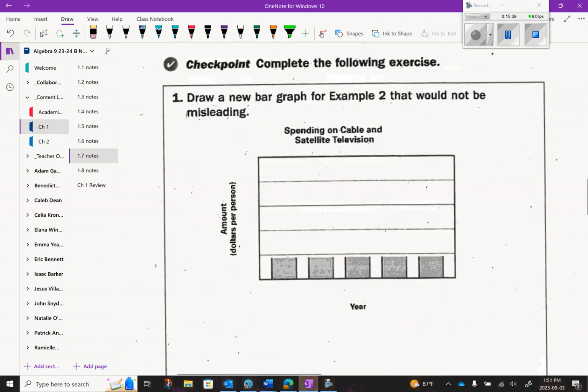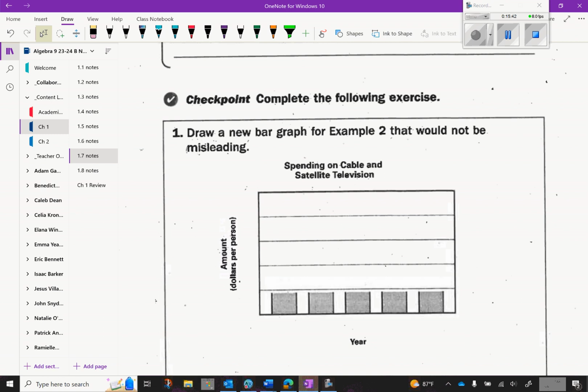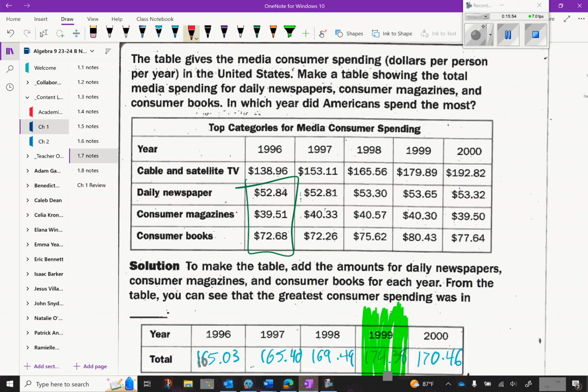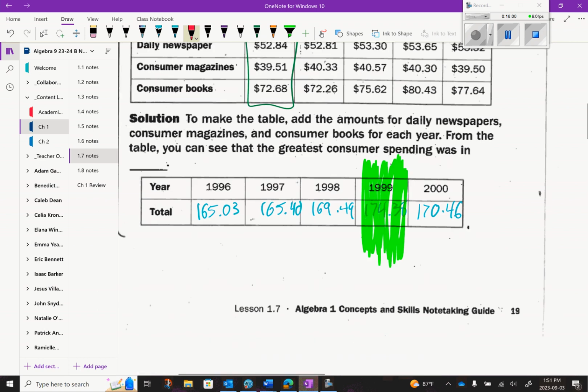If we're redrawing it here, oh goodness, it says amount in dollars per person, but you'll notice there aren't numbers anymore. What are we supposed to do here? We go back up to this. Everything here goes from, say, 138 up to less than 200.